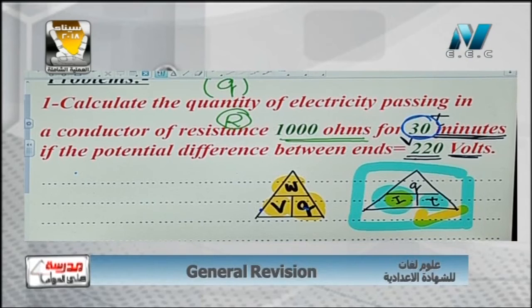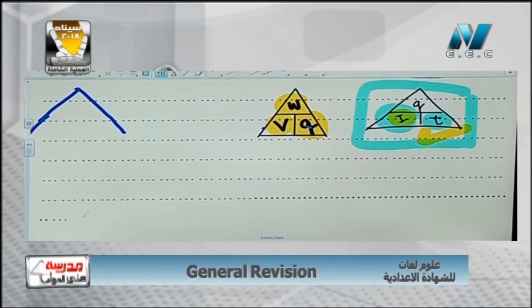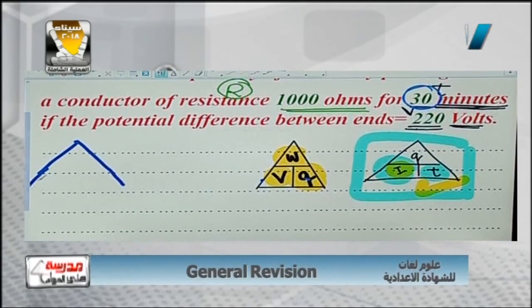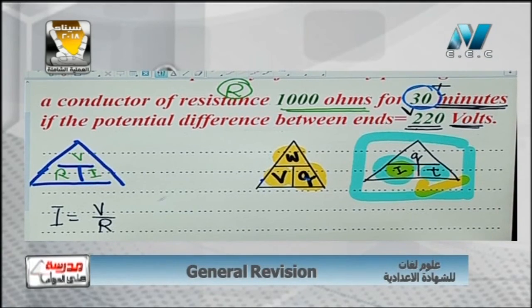يبقى هعمل ايه؟ هقول له R from this triangle تحت اهو R equal V over I. حلو قوي. We have R, yes, 1000 ohms. يبقى I equal V over R. V equal 220 over 100 ولا 1000؟ لا 1000.